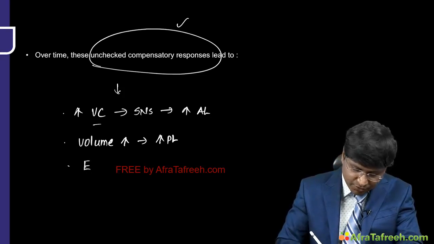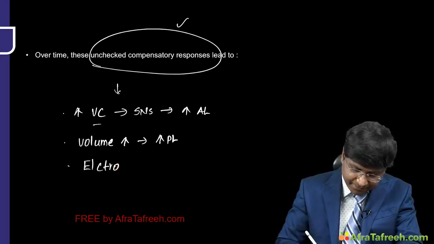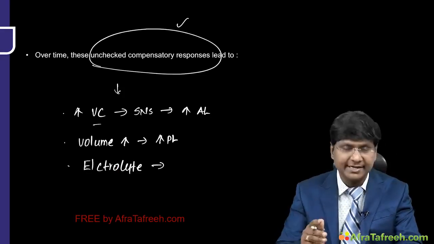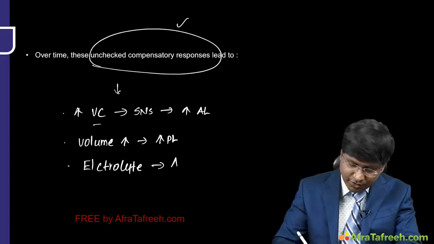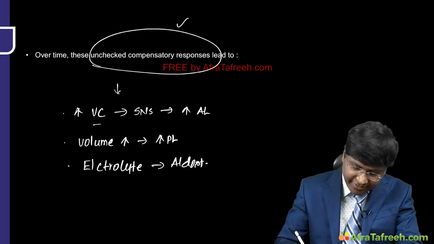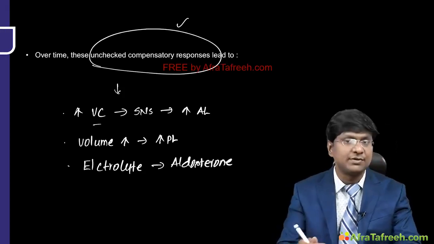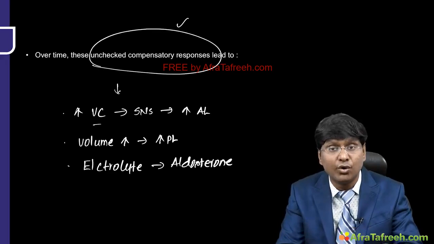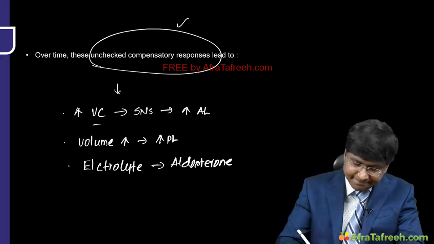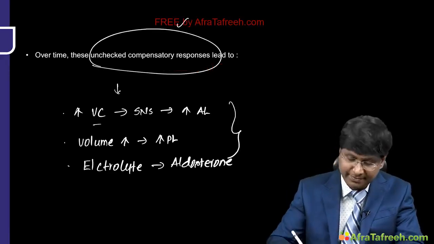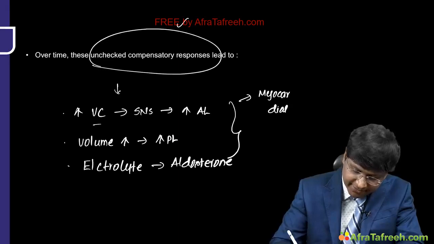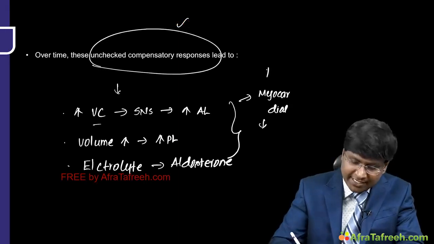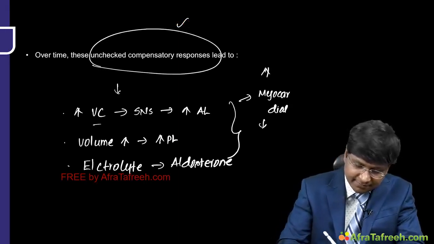There will also be electrolyte abnormality, mainly because of the release of aldosterone, where there will be excessive sodium as well as water retention, causing fluid overload. And all these changes will make the individual develop myocardial or cardiac impairment.